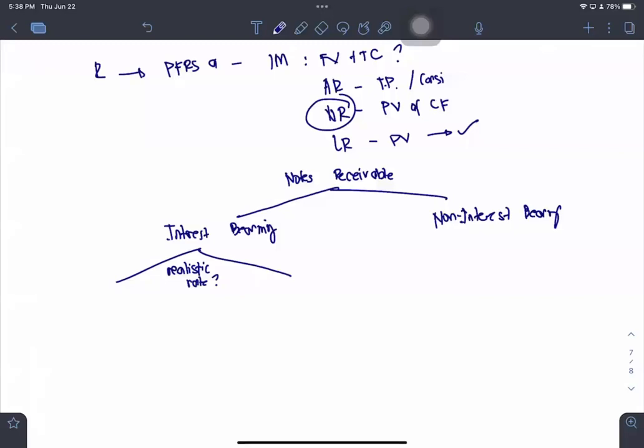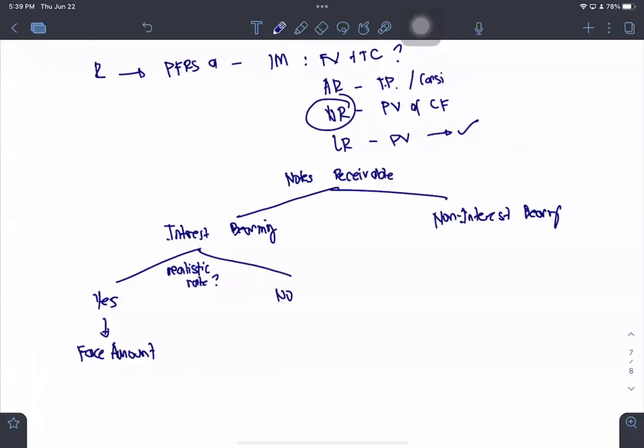When can we say it is a realistic rate? There is no rule as to your realistic rate. But your US GAAP says that if the difference is at least 5% below, it is realistic. But if not, it is unrealistic.